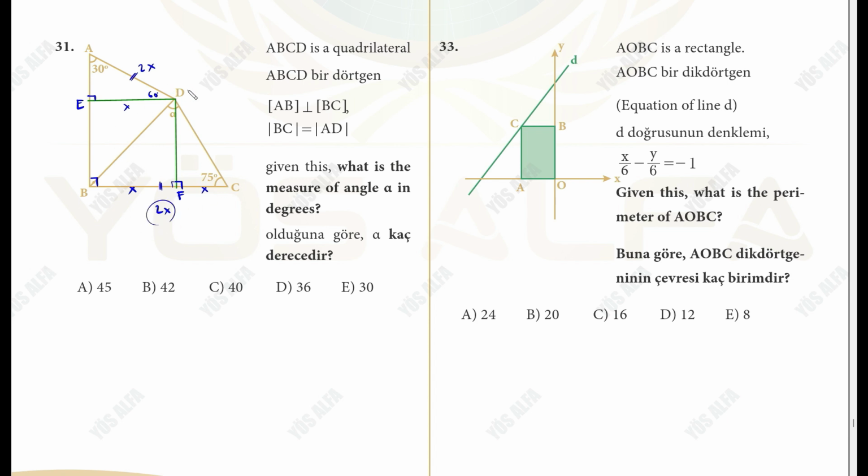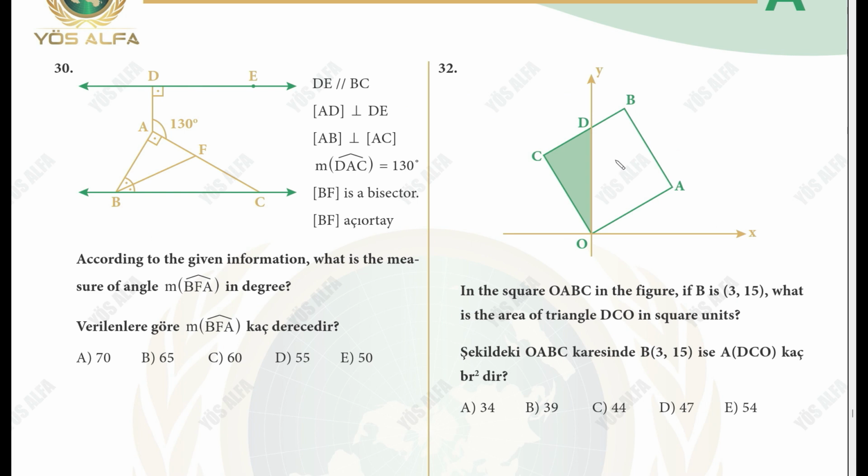So we can see that in the triangle BDC, the F is both median and height at the same time. And we know that whenever we have the two auxiliary elements of a triangle equal, then we have an isosceles triangle. If the angle C is 75, the angle B is also 75. The summation of these two is 150, so alpha must be 30 degrees.